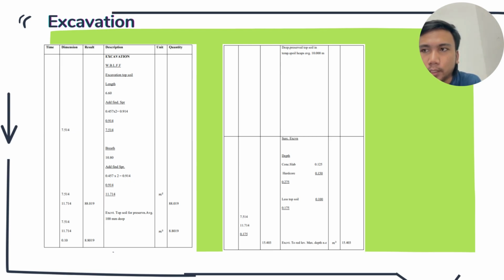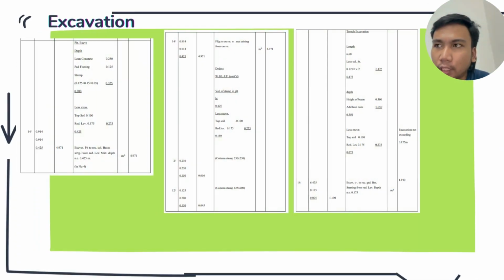Then we calculate the volume of the excavation, which is length times breadth times depth: 7.514 times 11.714 times 0.175, which gives 15.403 meter cube for the excavation of the topsoil.